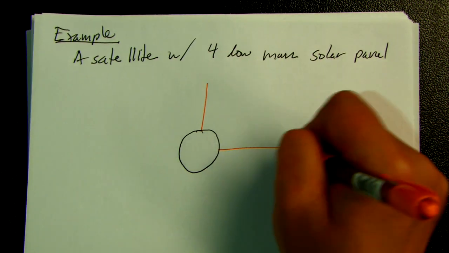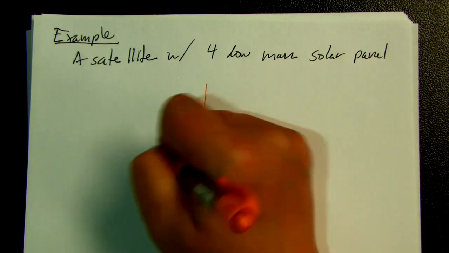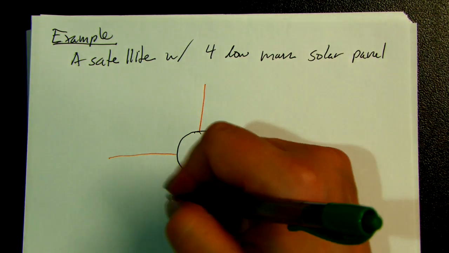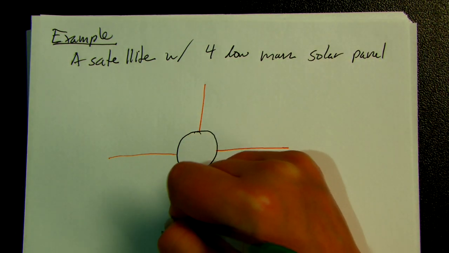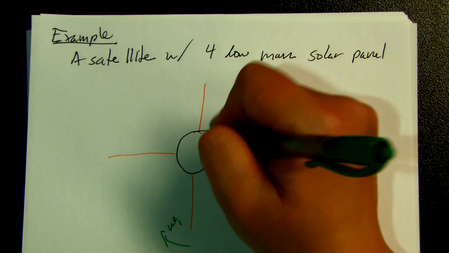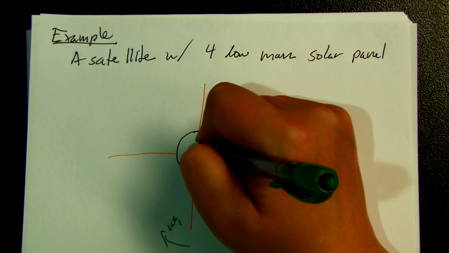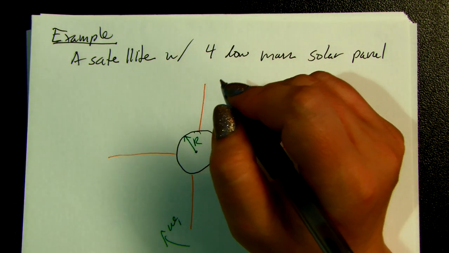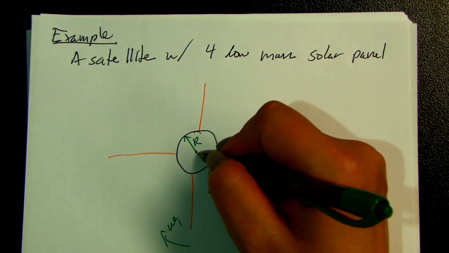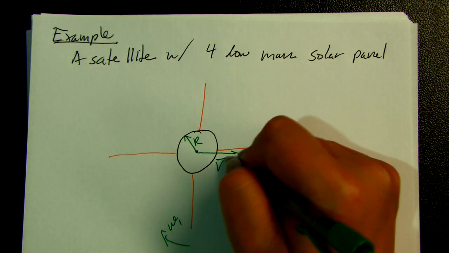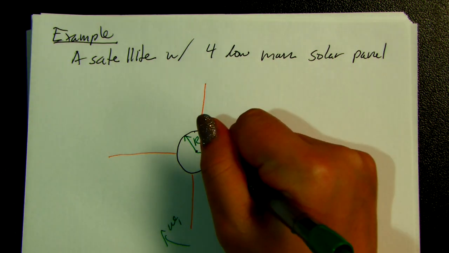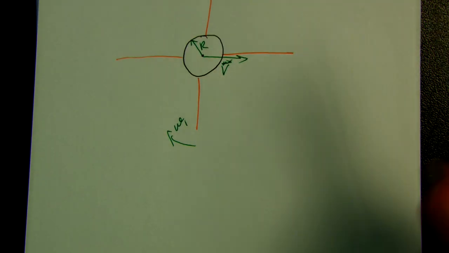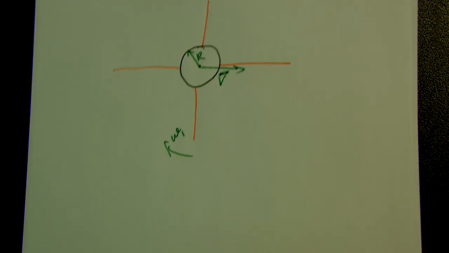Let's just draw the solar panels like that. And it's spinning, omega I. And it has some radius r. And it's also traveling with some speed v. Okay. There's our satellite.